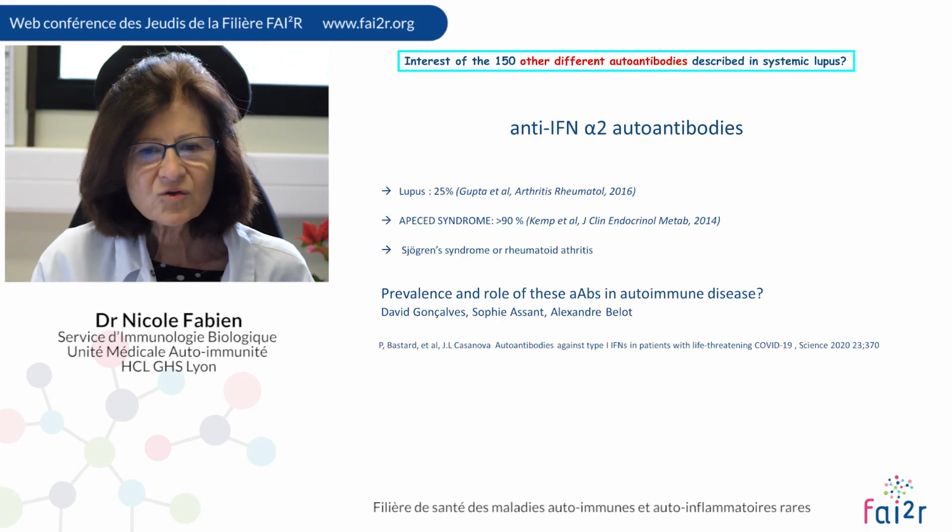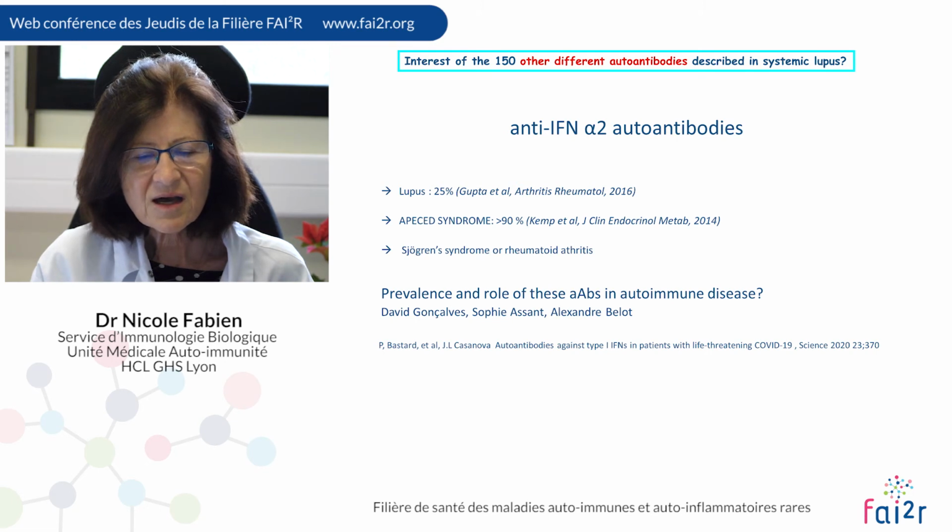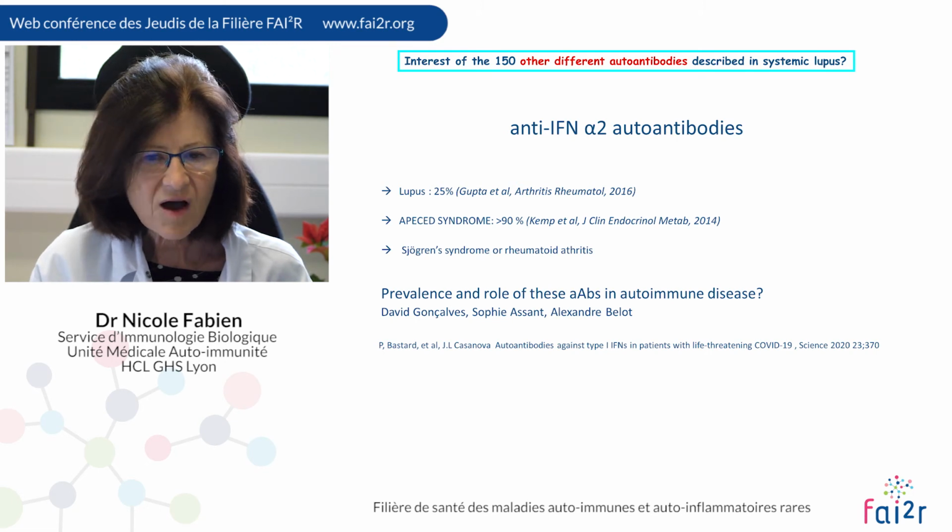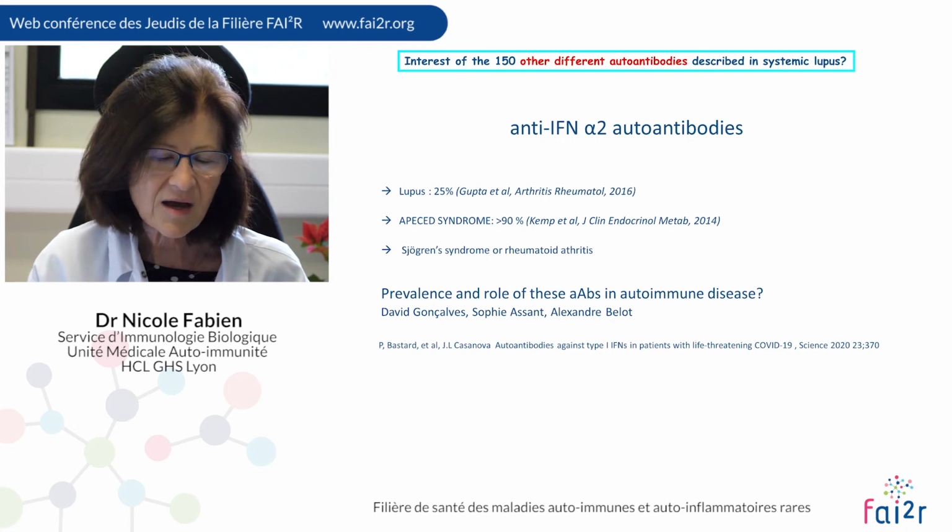One antibody that could be interesting is anti-interferon alpha-2 autoantibodies, as we can detect them nowadays with a commercial kit, and we try to understand the role of these antibodies in autoimmune disease and also their prevalence.